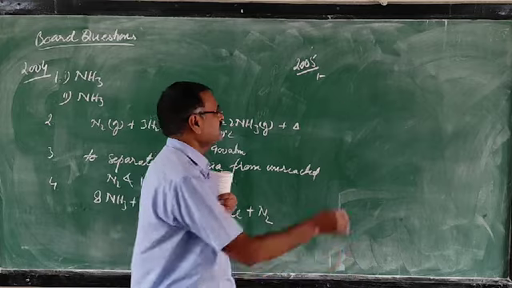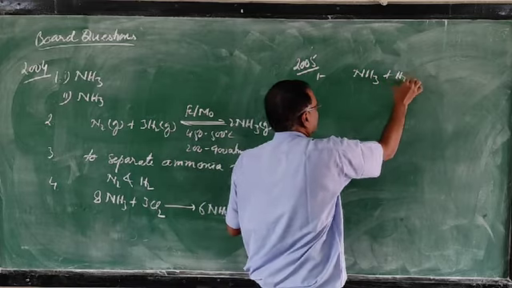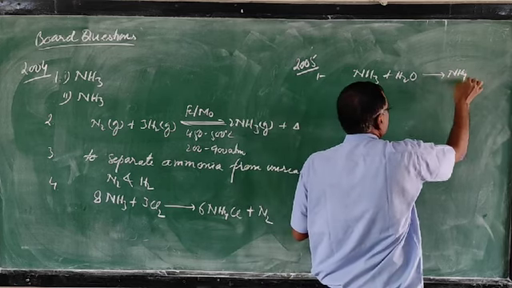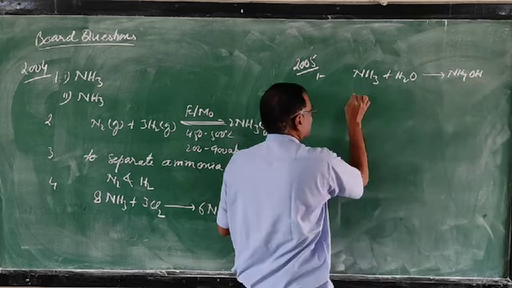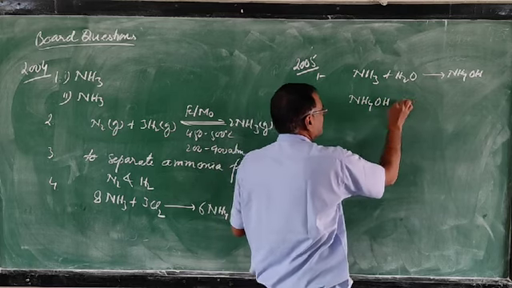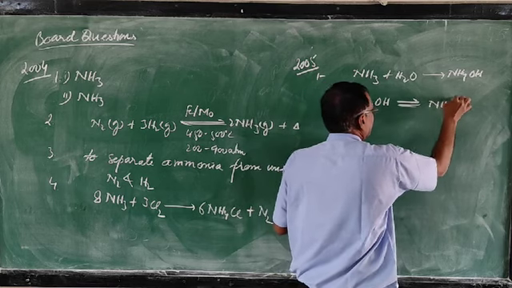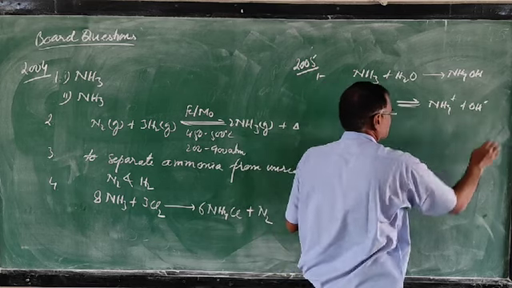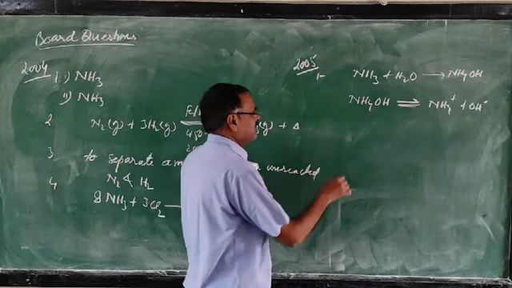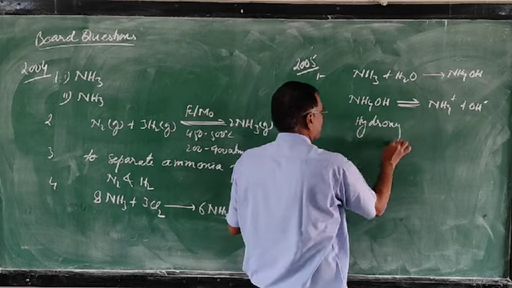So just you see, when ammonia is dissolved in water, it will form ammonium hydroxide, and this ammonium hydroxide dissociates to give ammonium ion and hydroxyl ion. So they are asking for another ion than ammonium ion. So the answer is hydroxyl ion.